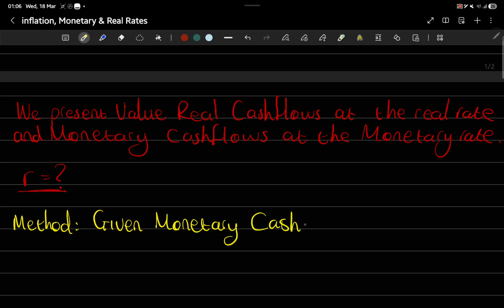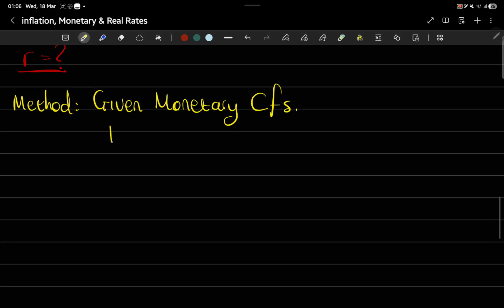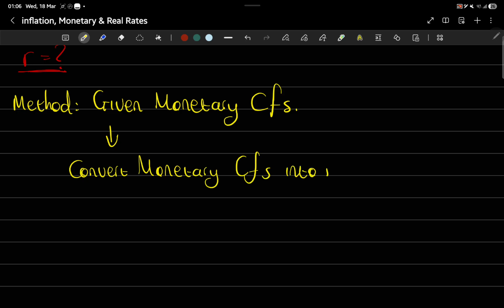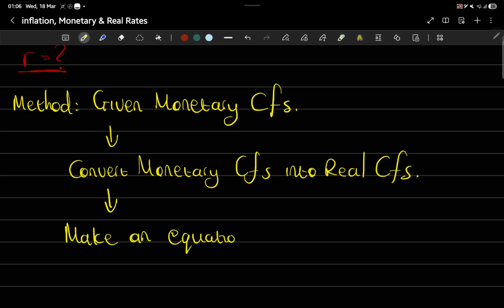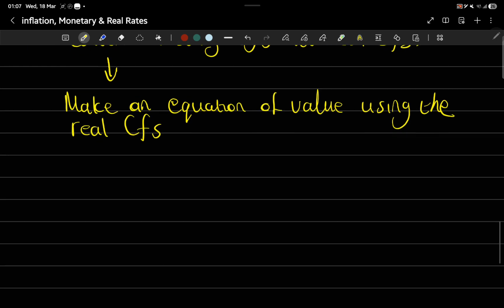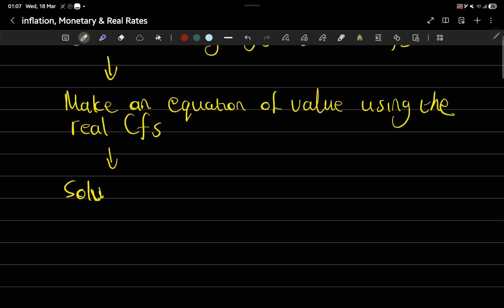Given monetary cash flows, I'm going to say CFs here, we first convert monetary cash flows into real cash flows, and then make an equation of value using the real cash flows, and then solve for the real rate R.